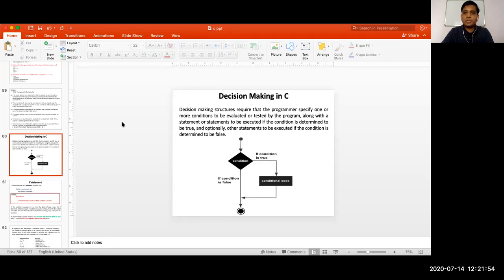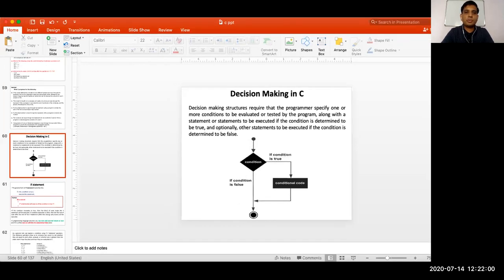From tomorrow we are going to start the decision making structure, but we are not going to start directly with it. We will first do some programs based on the theory we have learned here. So quickly I will take you through two or three examples, and after that we will stop today's session.